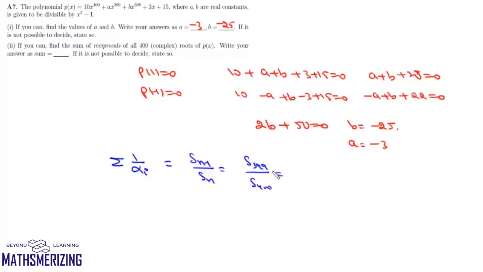Now what is S399? S399 will be minus the coefficient of this term x upon 10. And what is S400? S400 will be plus 15 upon 10. Now this 10 and 10 will cancel. So this value will be equal to minus 1 by 5.